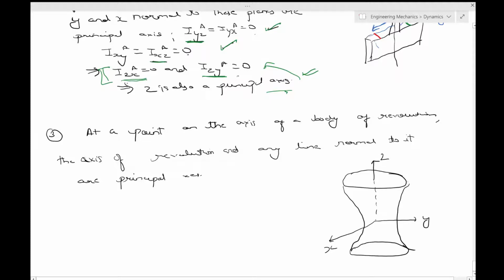At a point on the axis of a body of revolution, the axis of revolution, any line normal to it are the principal axis. So let me first draw the x, y and z axes, okay. Let this be called the axis of mass symmetry.